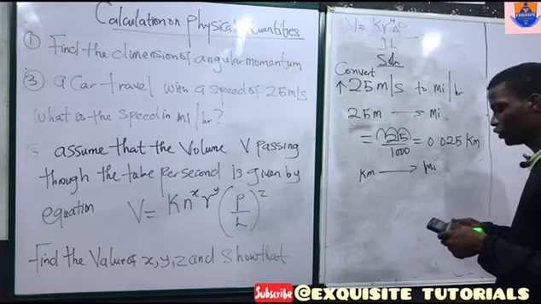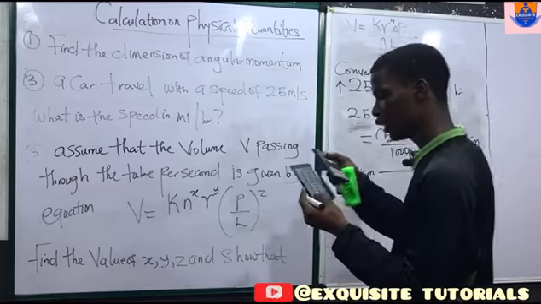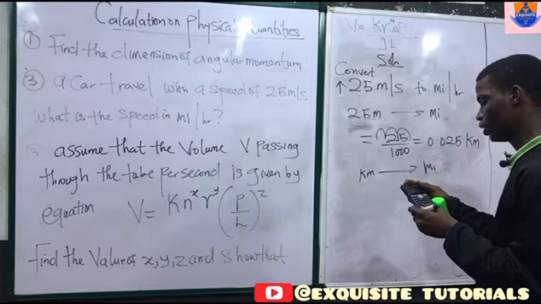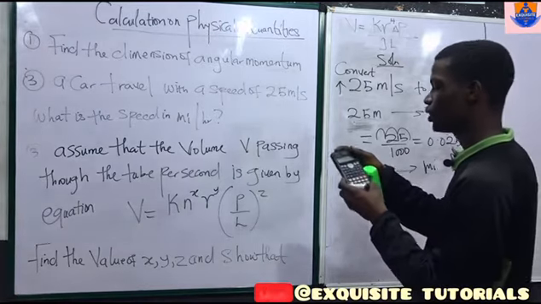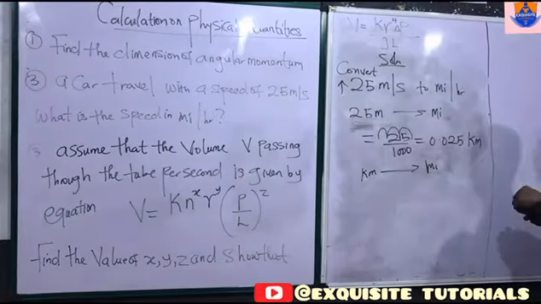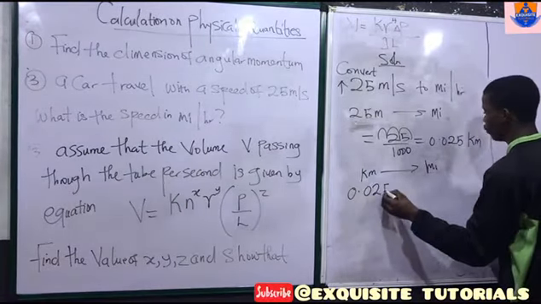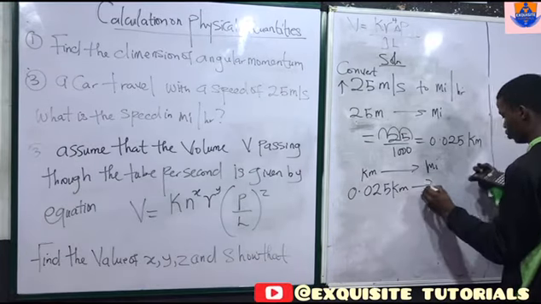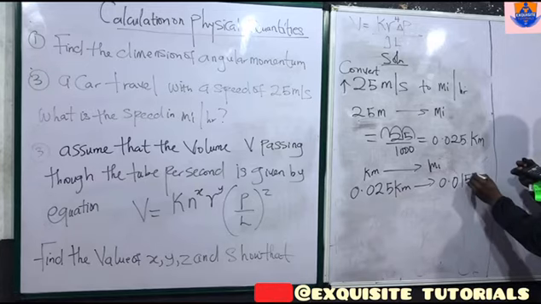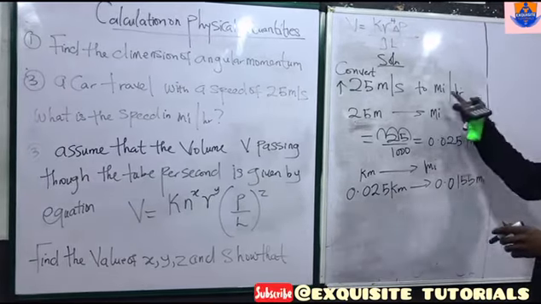Then you press shift, convert. You go to the point where you see kilometer to mile, that is number 8. Number 8. Then you press the equal to sign. At the end, you find out that 0.025 kilometer is equal to 0.0155 miles. So I've gotten that for my miles.